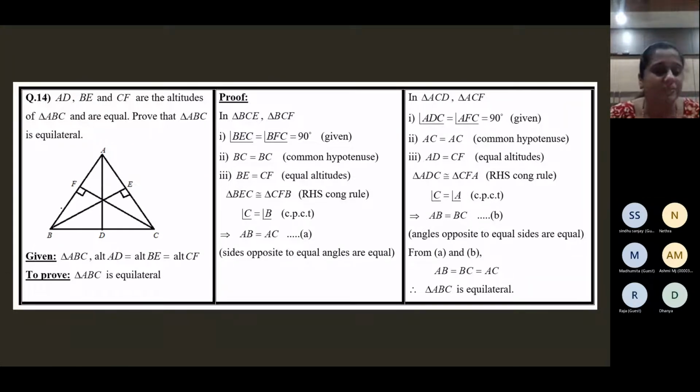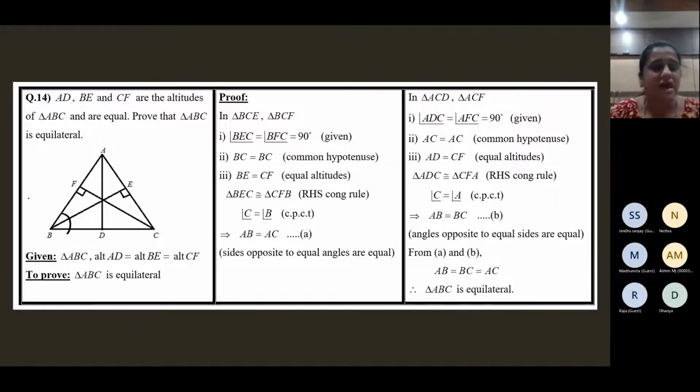Angle B is called FBC, and here angle C is called ECB. See here, FBC is equal to ECB. Okay, let me write it.